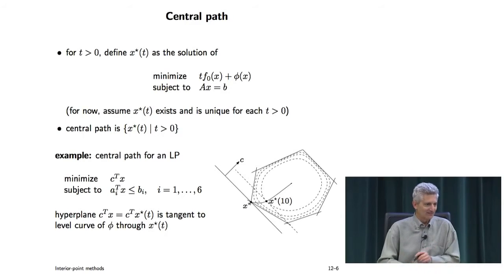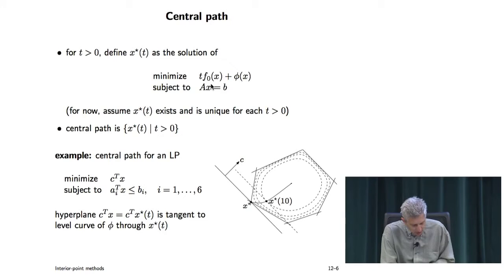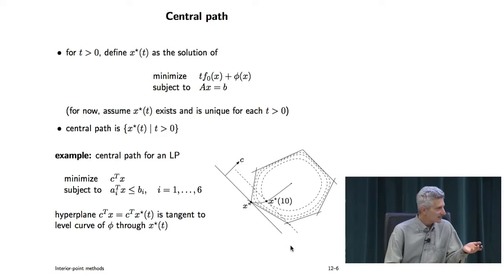So we're going to minimize t f0 plus phi subject to Ax equals b. We're totally ready for Newton here. We know exactly how to compute that. Not a problem. Now, we do expect that when t gets gigantic, Newton's going to have some trouble.